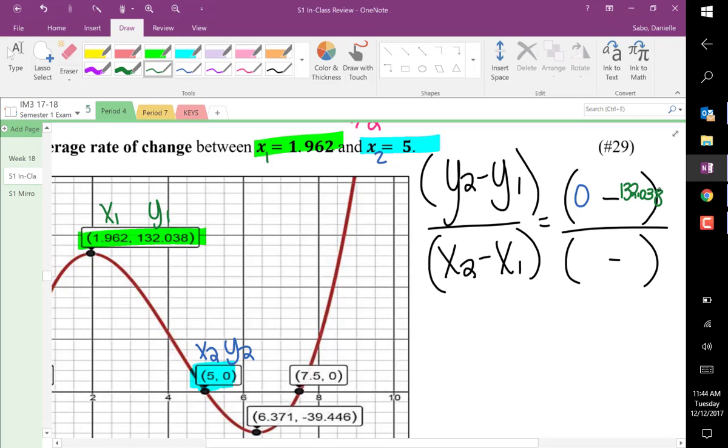Sorry, I'm running out of room. My parentheses there. Let me write that for you. What's my x2? 5. What is my x1? Good, 1.962. Take out your calculator and plug that in, because now you have everything you need. See, it's not that hard. You just need to take your time.